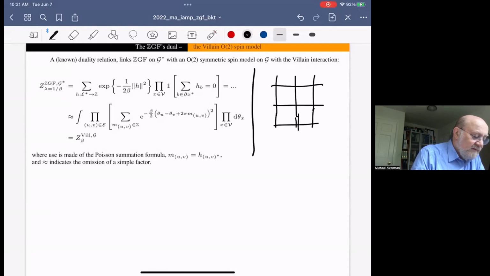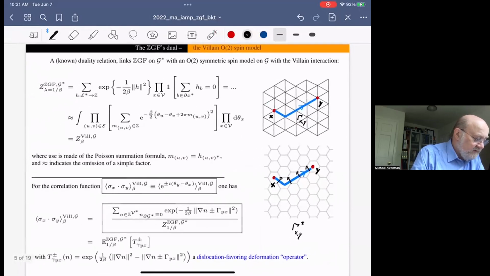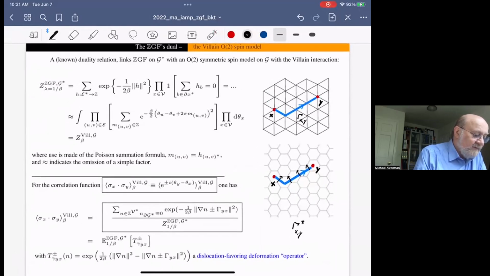So just to put the reference on the page, let me switch to this, the figure is already drawn. When you talk about duality, the duality is between the random height function on a graph and the spin model on the dual graph. So just to indicate duality, here is a graph which is not self-dual.